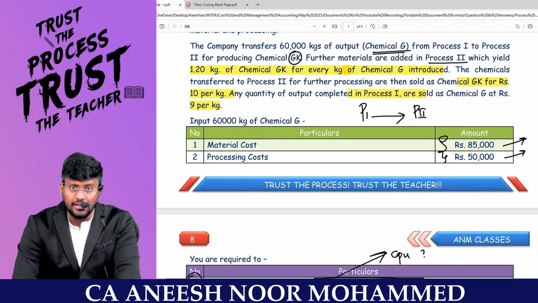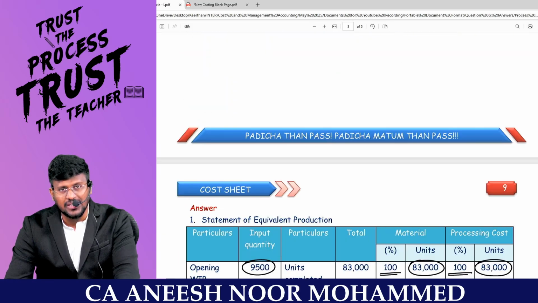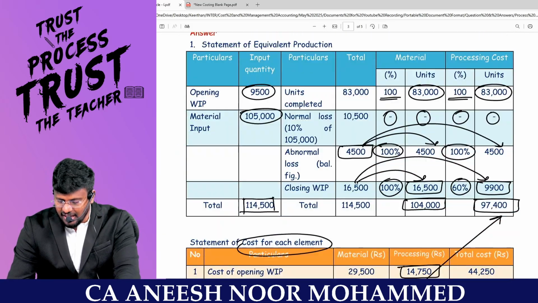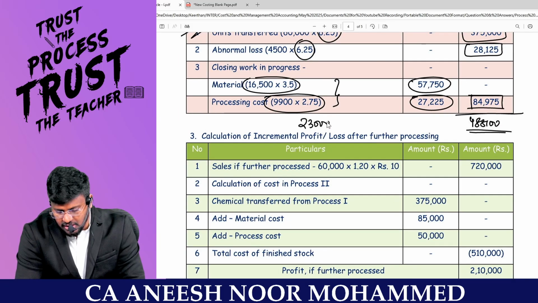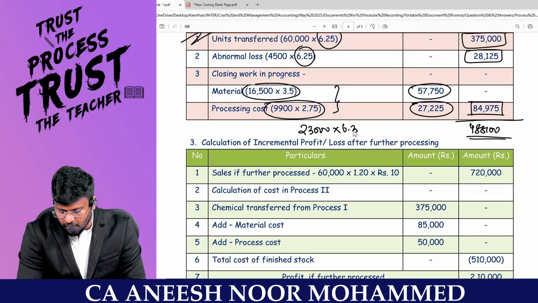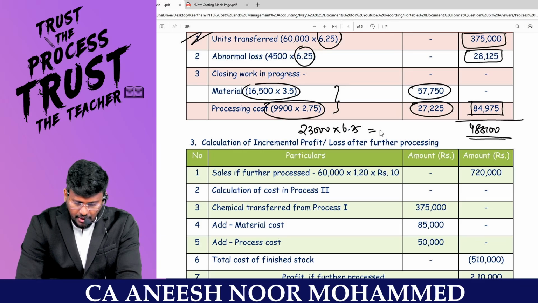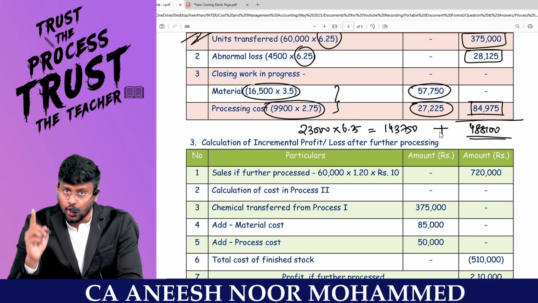So 83,000 minus 60,000 comes to 23,000 kg, which will still be there as stock. So that 23,000 kg should also be valued at 6.25, my dear lovable students. So 23,000 into 6.25 comes to 1,43,750.